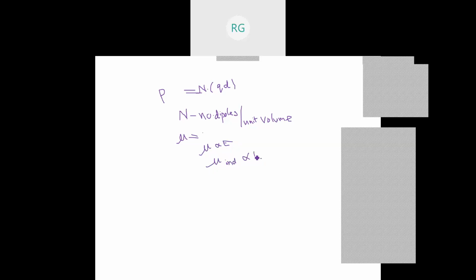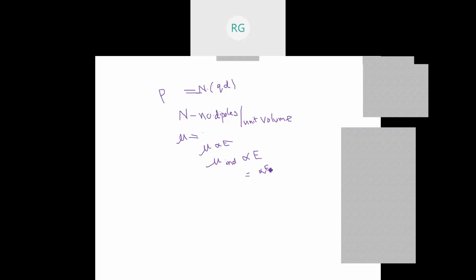The more electric field you apply, the more dipoles are generated or induced. So we'll write this proportionality as alpha into E, where alpha is called polarizability.